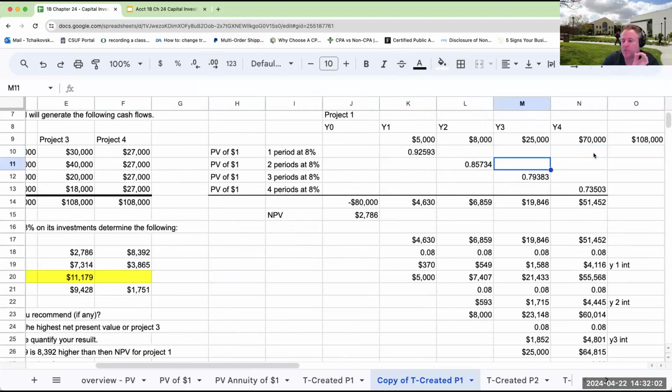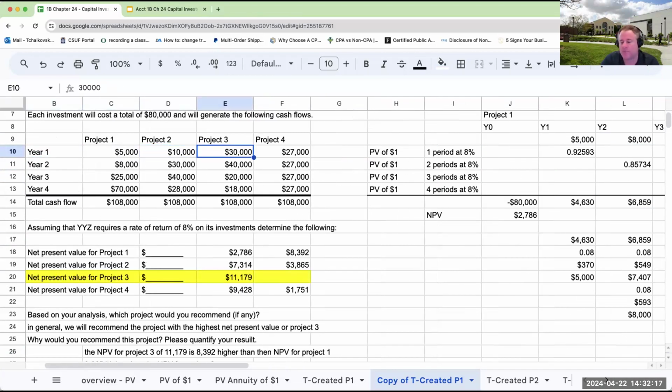Well, if we look at these percentages as cash comes in later, this is being discounted by 0.73503 in year 4. This is being discounted at 0.92593 in year 1. So in general, the projects that have a higher amount of cash flow coming in earlier on are going to have a higher net present value.